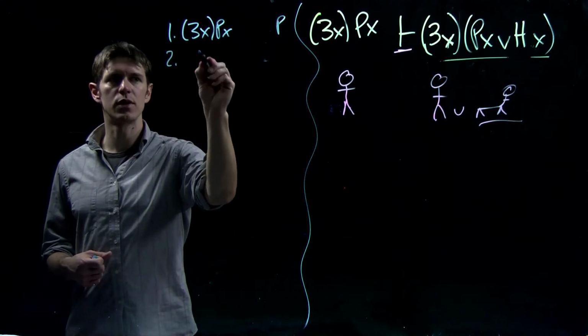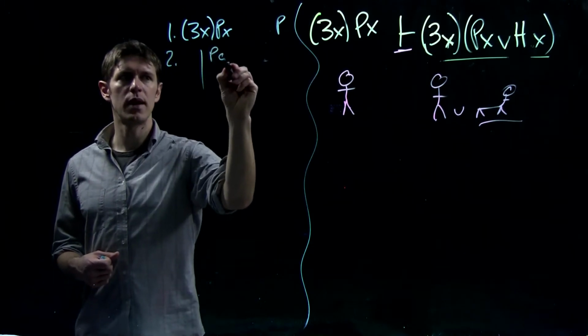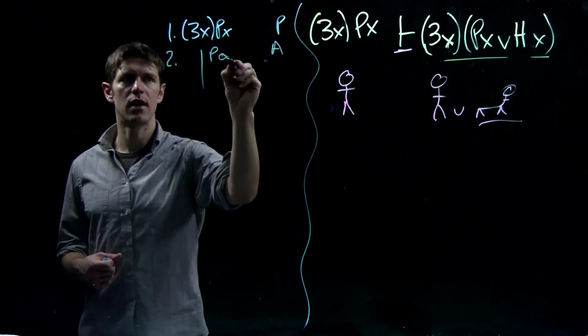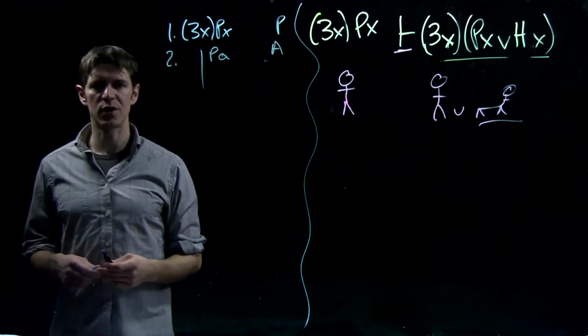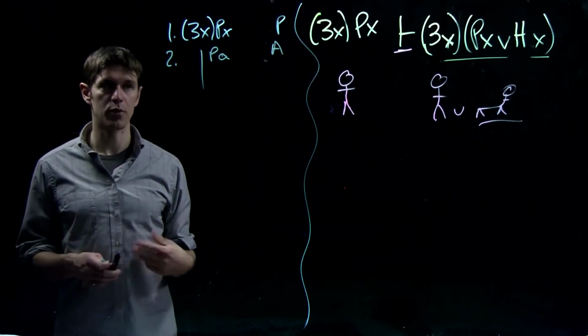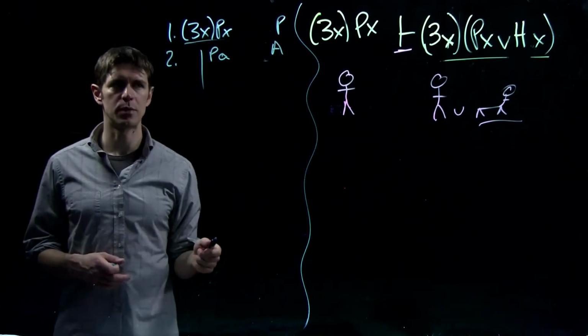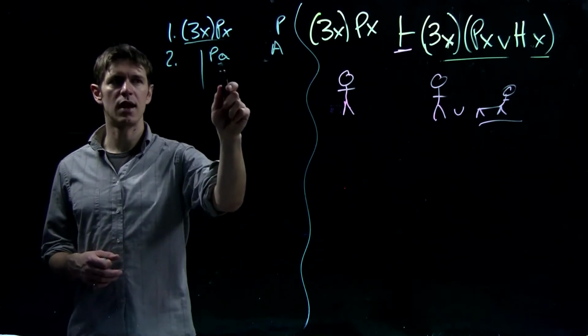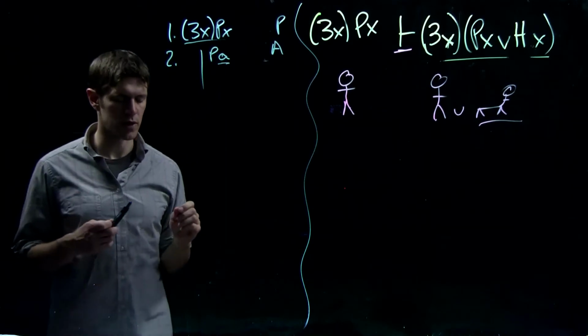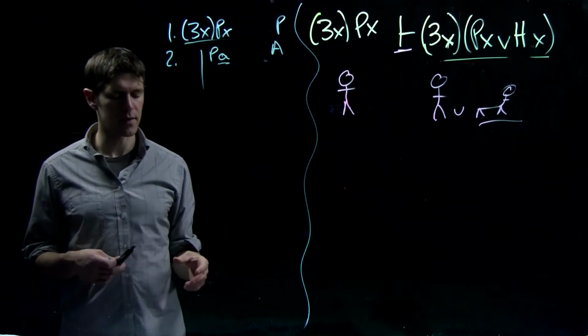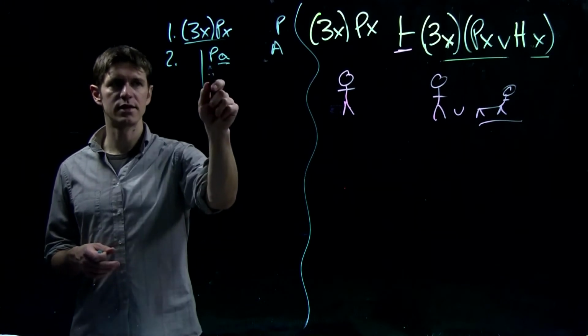And this rule starts with an assumption. We need to make an assumption that is based on the existentially quantified formula already in the proof. So if this says someone is a person, we're making an assumption that a is a name that's going to pick out an individual that has this property.